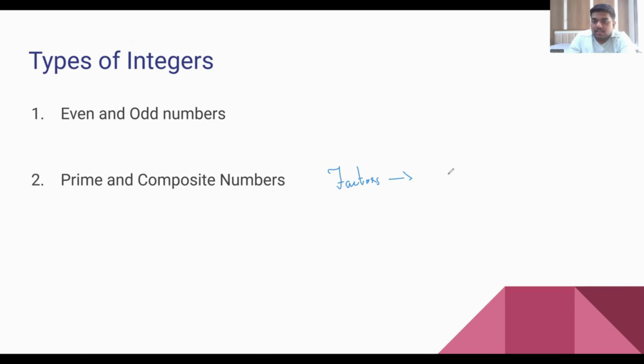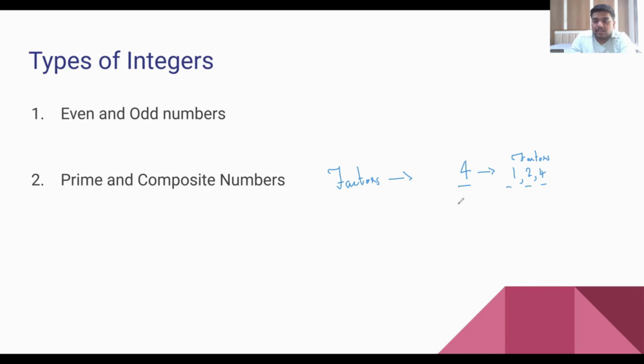For example, if we are given the number 4, then factors are 1, 2, and 4 as well, because 4 divided by 4 is equal to 1 and there is no remainder left, right? Such numbers are called factors of a particular number.